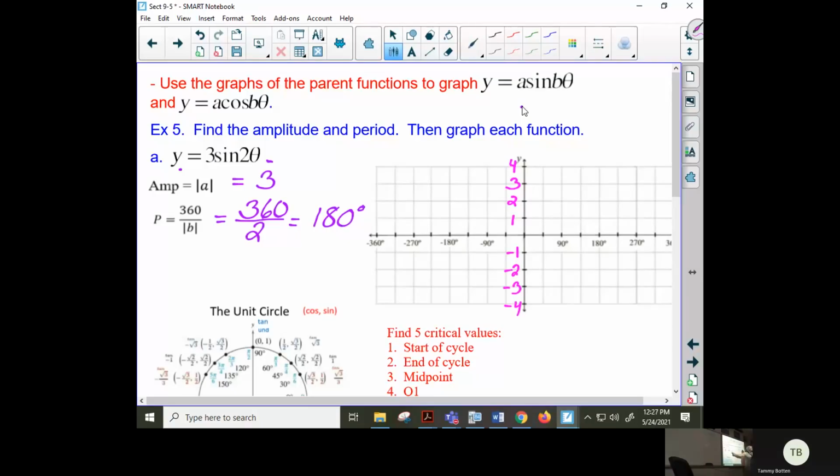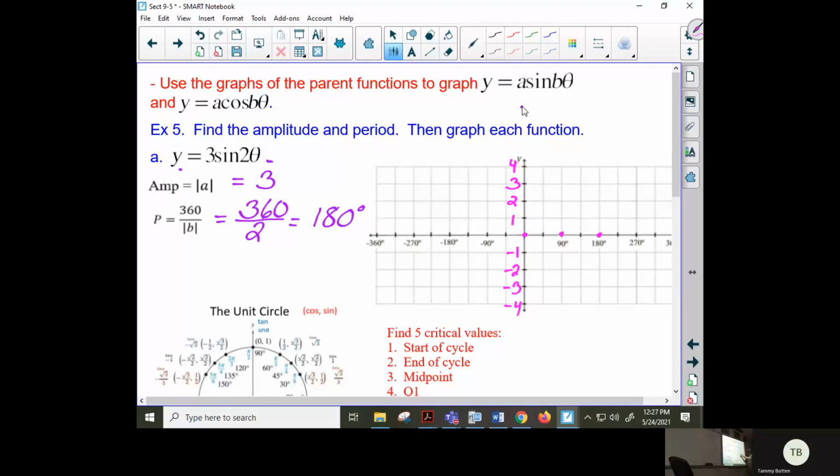Now, my entire sine function has to go between 0 and 180. So it's going to start, do you guys get that sine starts at 0? And it's going to end at 180. Okay, what do you think is going to happen at 90? It would actually be an intercept.